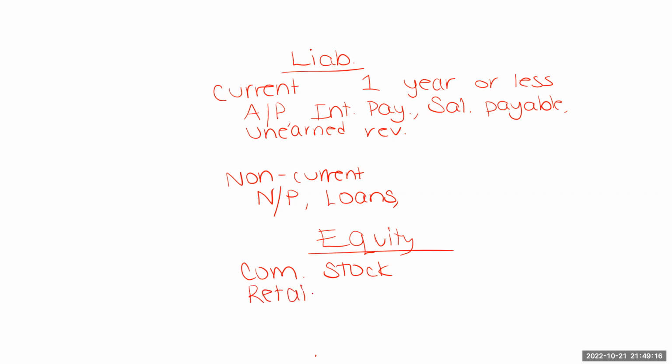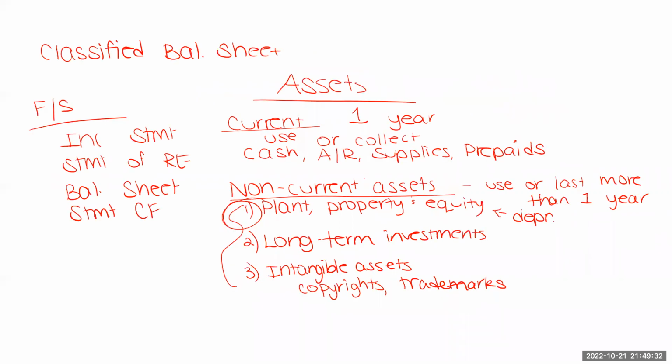So those new classifications only apply to assets and liabilities. And those 2 categories are current and non-current. It's just that we further divide the non-current category into plant, property, and equipment, long-term investments, and intangible assets under your assets section on the balance sheet.